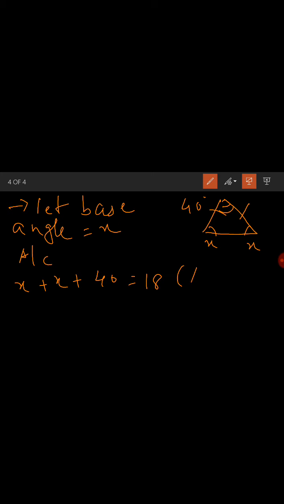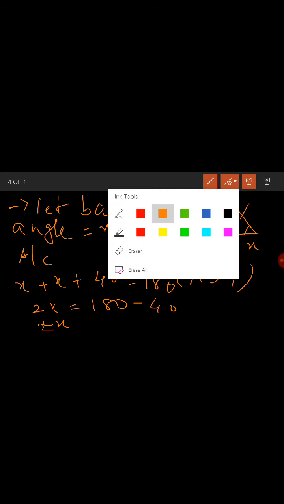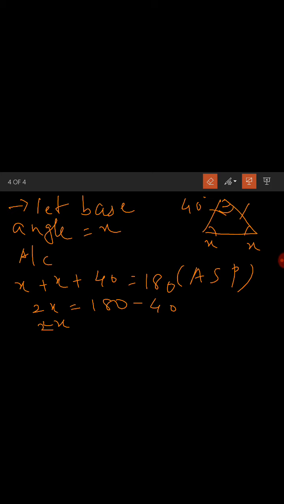Reason in the bracket you can write down angle sum property, ASP. So x plus x, it will be 2x, and plus 40 equals 180. So 40 we will transpose to right hand side, so it will be 2x equals to 180 minus 40.